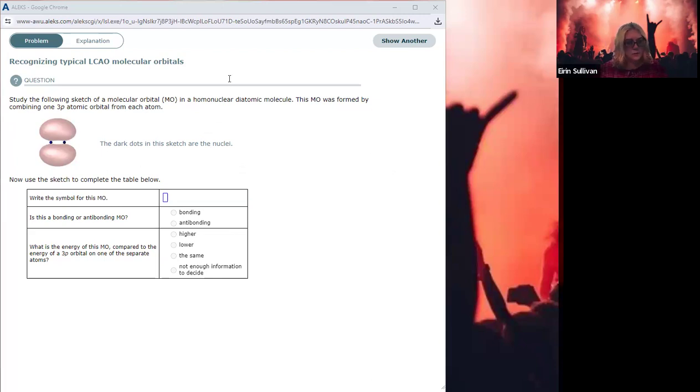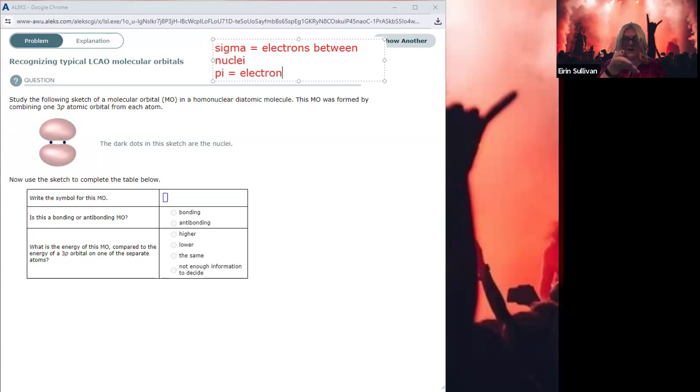First of all, we have to decide if the molecular orbital being shown is a pi orbital or a sigma orbital. Remember, sigma is where the electron density is between the nuclei, and a pi bond is where the electrons are above and below the plane.